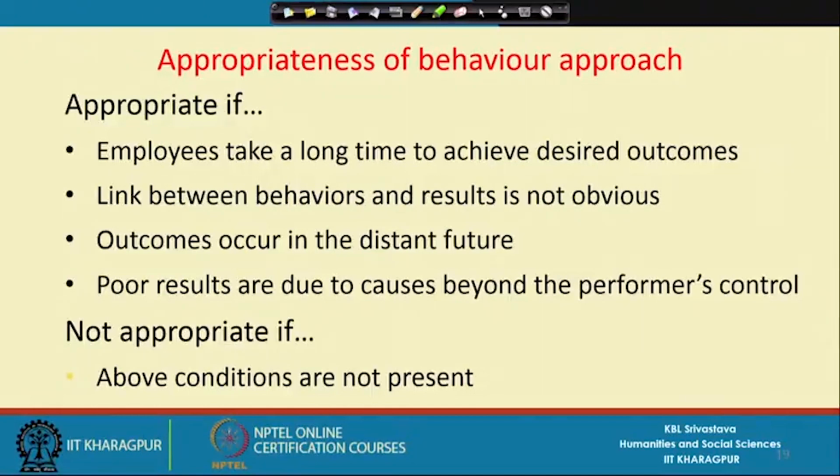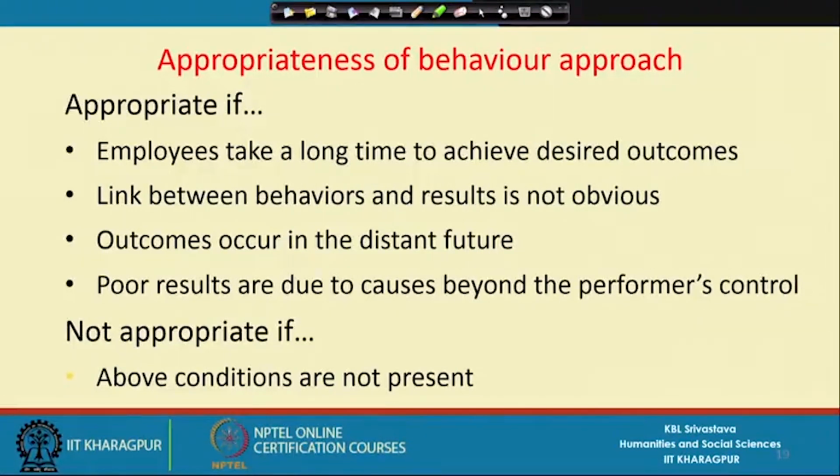So, you need to engage in appropriate behavior. For example, if you are not able to understand the needs and expectations of the customers and accordingly you are not going to handle him, probably you will not be able to close the sales, right. So, you have to see whether you are taking a long time to achieve the desired outcomes or not.